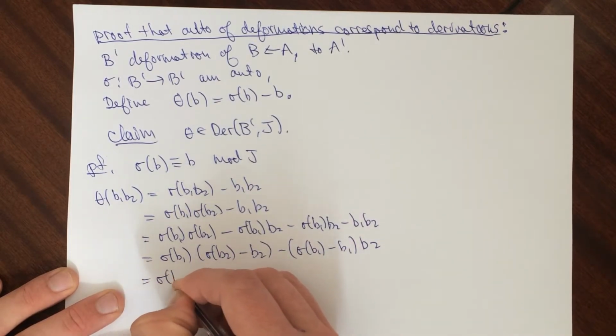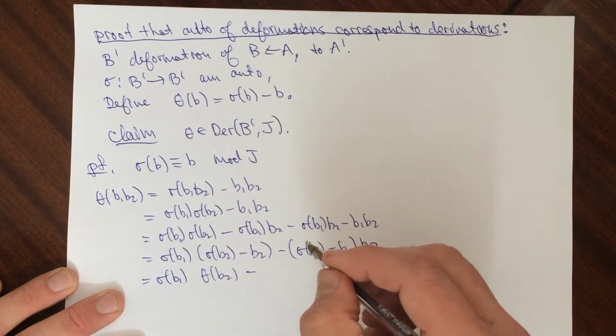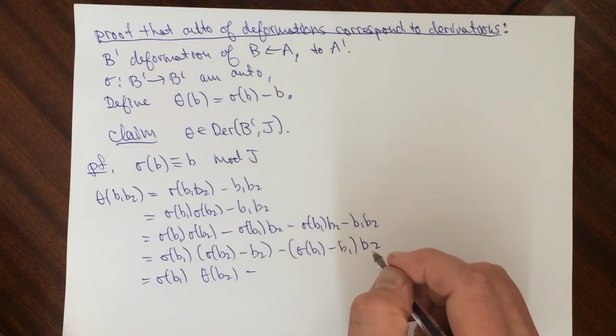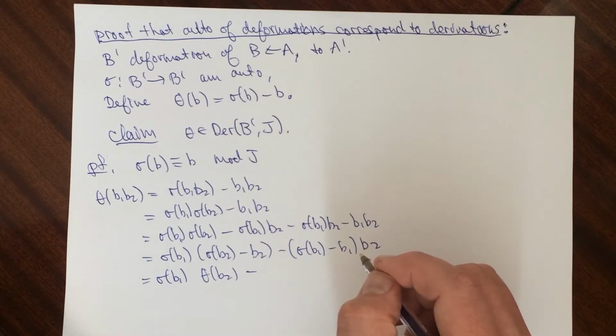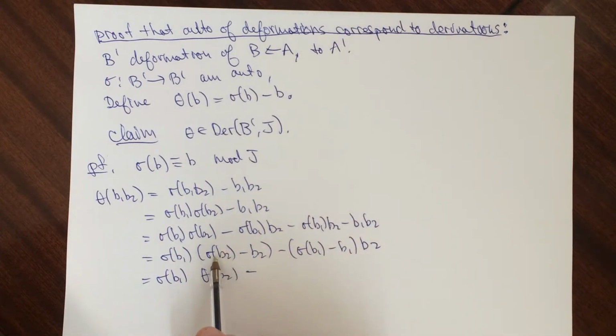So this is sigma b1, and we have theta b2, plus theta of b1 times b2. Let's see here, am I missing a minus here? One second.